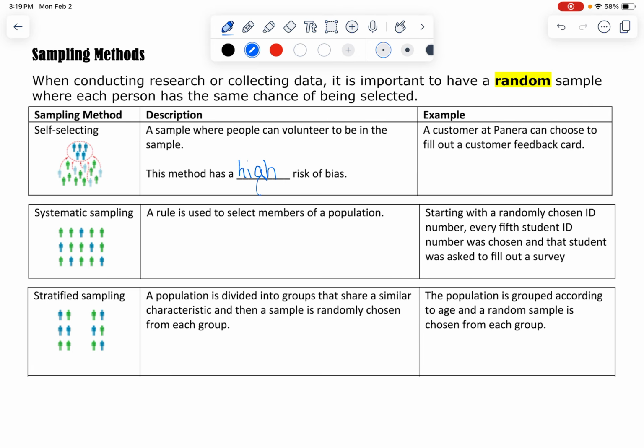It's just people who are self-selecting. So if you're choosing to fill out a customer feedback card, it might be because you're very unhappy, right? If you're pretty happy, you might not think about, hey, I'm gonna go fill out the customer feedback card. So this can really skew your results. So there is a high risk of bias here.